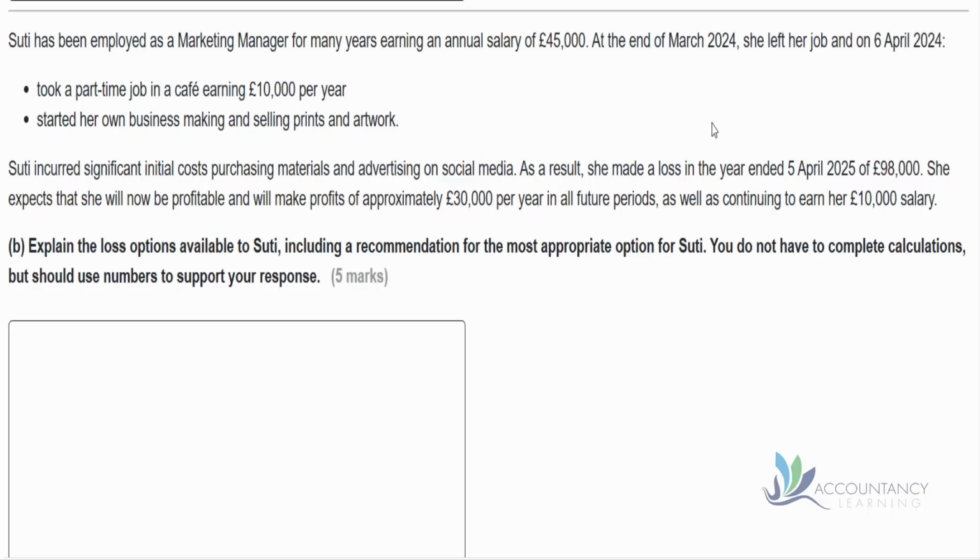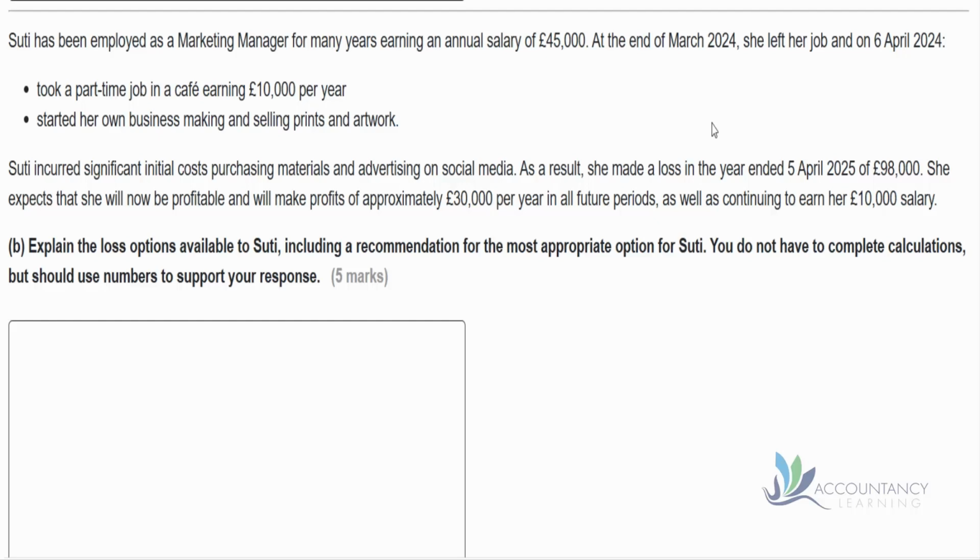So Sooty has been employed as a marketing manager for many years, earning an annual salary of £45,000. At the end of March 24, she left her job, and on 6th of April 24, took a part-time job in a cafe earning £10,000 per year, and started her own business making and selling prints and artwork.